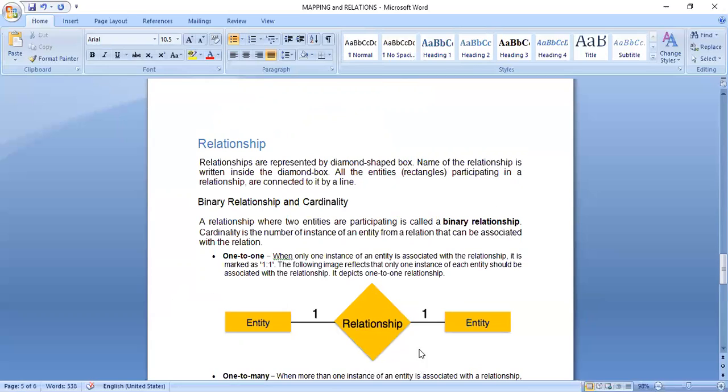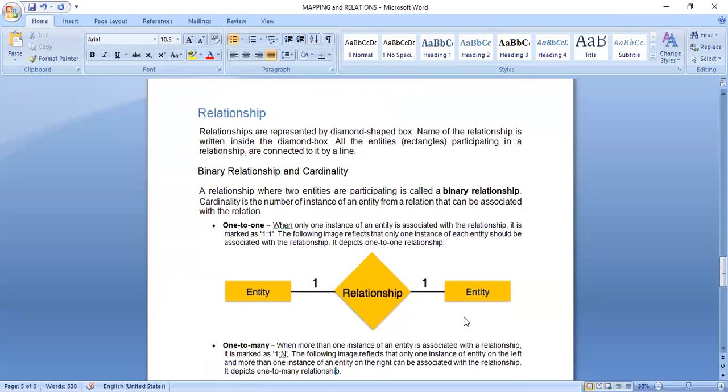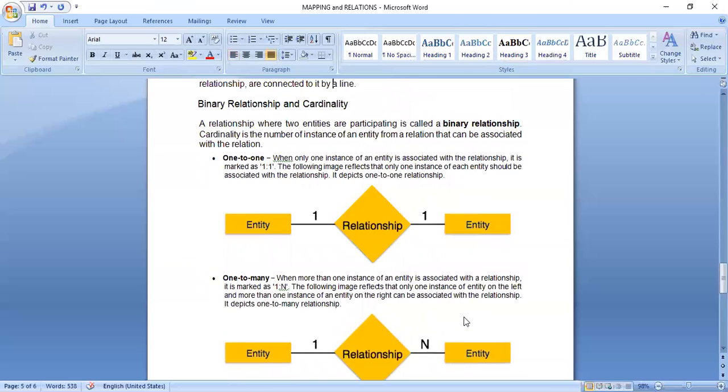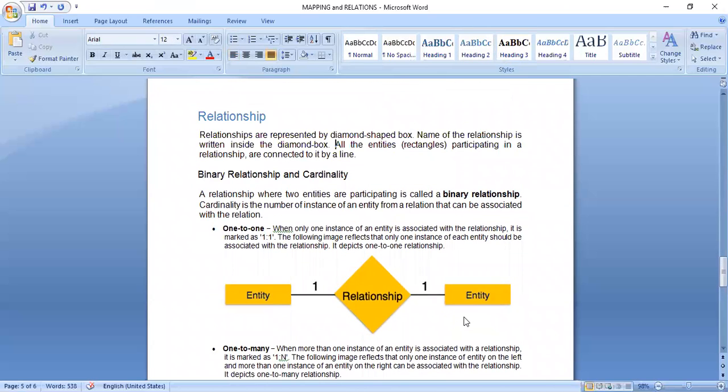The name of the relationship is written inside the diamond shape. All the entities which are in rectangle shape will be participating in the relation, and they are connected by a line. A binary relationship is nothing but a relationship which exists between only two entities. A relationship where two entities are participating is called a binary relationship.